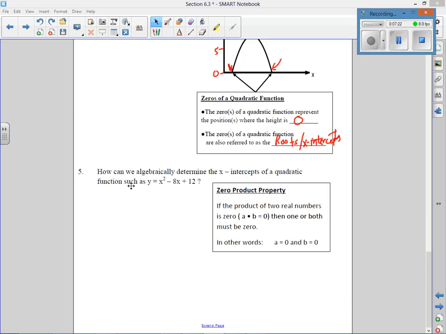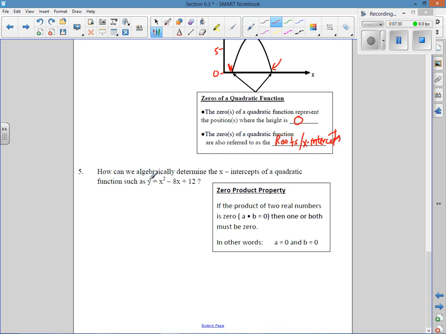So this question here, the example: how can we determine the x-intercepts of the quadratic function shown? Well, we know that the y value is 0 when you're calculating the x-intercepts. So we want to find the value of x when the y value is 0.